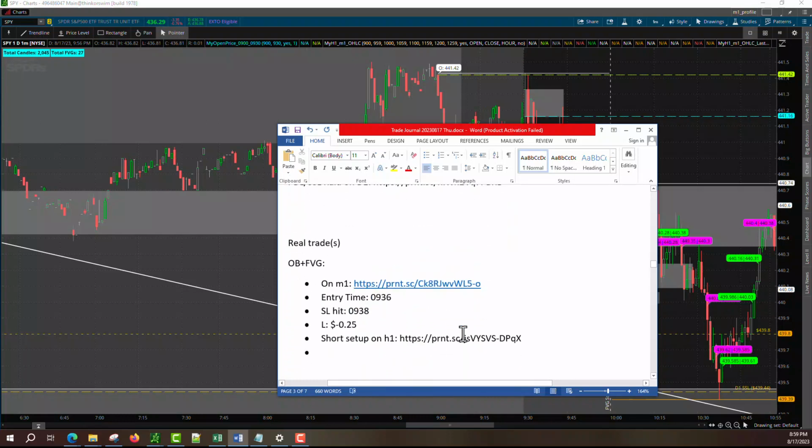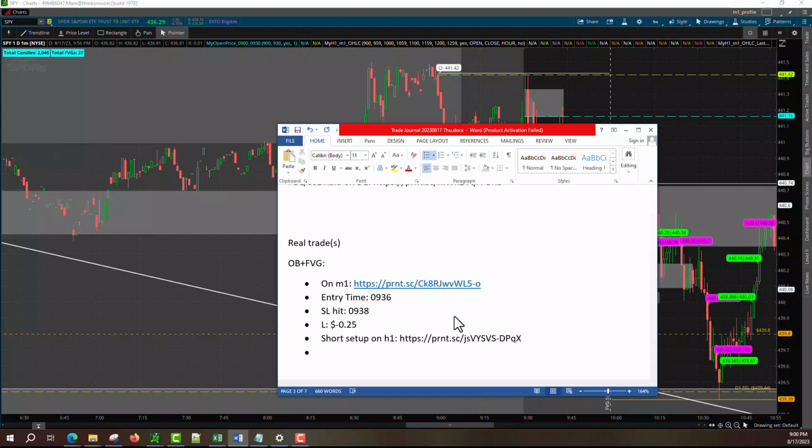And with that bias, we jumped in first when we saw the setup right there. We came in at 9:36, and then 2 minutes later we got stopped out. So it's a successful trade because we saw the setup and we executed, and if it's not a successful trade, then we stop out quick.